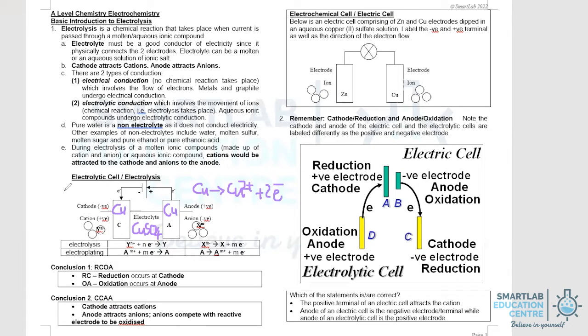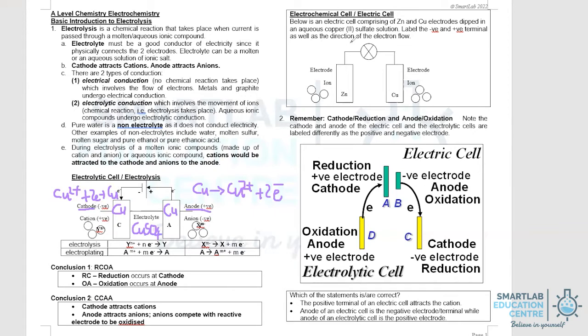While at the cathode, the Cu2+ cation will gain the electrons to deposit copper on the electrode. Hence, in the equation, it's clear that oxidation takes place at the anode as copper's oxidation state changes from 0 to +2, while reduction takes place at the cathode when the oxidation state of Cu2+ drops from +2 to 0.